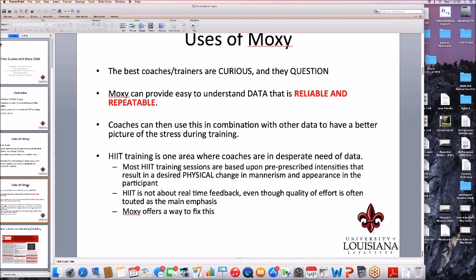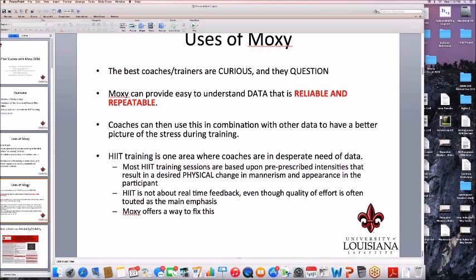Because they're so portable and small and non-invasive, you can use these in combination with a lot of other things. And as a coach, it gets you a palette of information that you can build training around and also have a lot of data to look at.